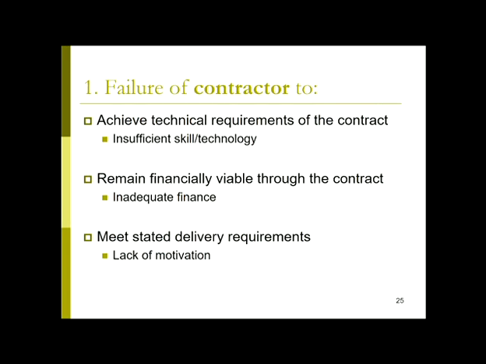It can be a failure of the contractor to do these sorts of things. So achieve the technical requirements of the contract. They might not have the skill or the technology. Now remember, right at the start, we said that you as project managers don't need to be experts in all aspects of the project that you're managing.